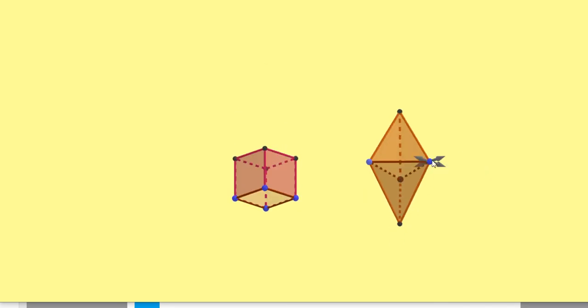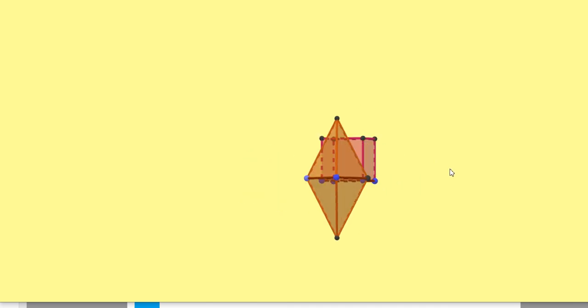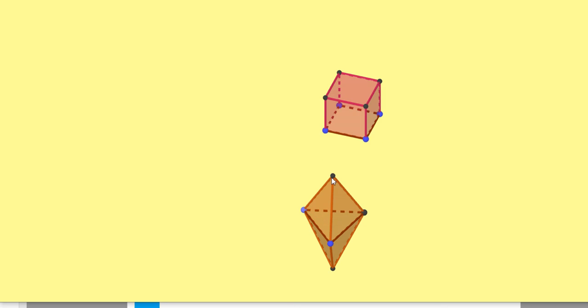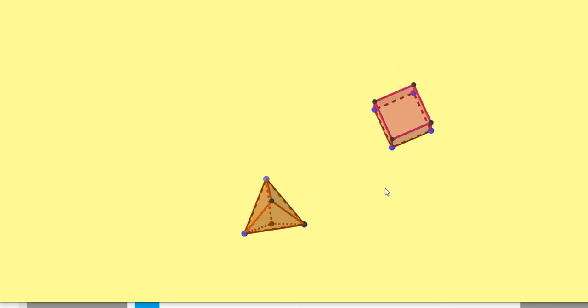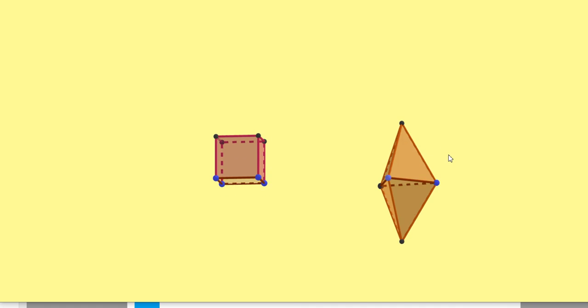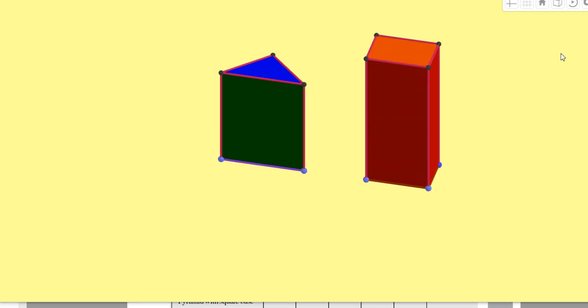Whereas this vertex is formed by 1, 2, 3, 4. So this vertex is formed by 4 faces, whereas this vertex is formed by only 3 faces. So this polyhedron we cannot say is regular. This is not a regular polyhedron.